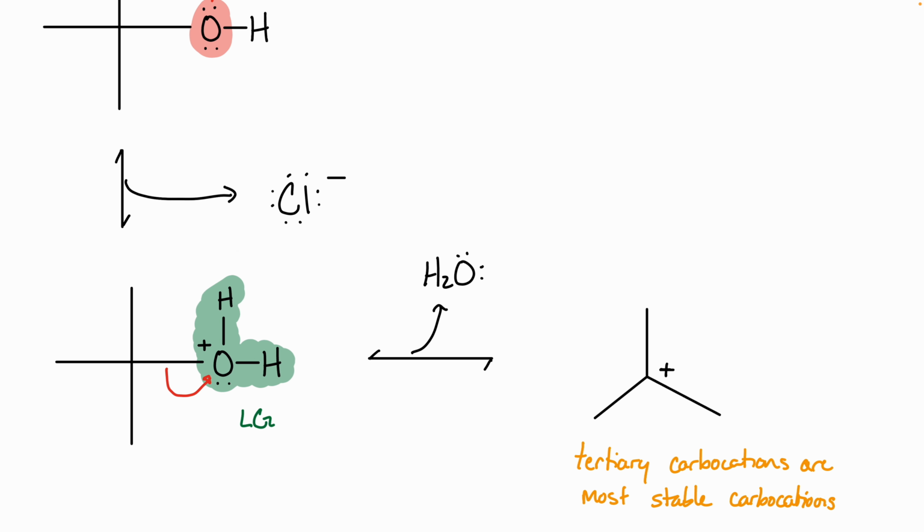What's our good nucleophile going to be? When I'm trying to figure out which one's the better nucleophile, what should jump out to me as the most electron-rich here? The negative charge, right? So yes, that negatively charged chloride ion will then attack that carbocation, leading us to our alkyl halide product here, specifically a tertiary alkyl halide.